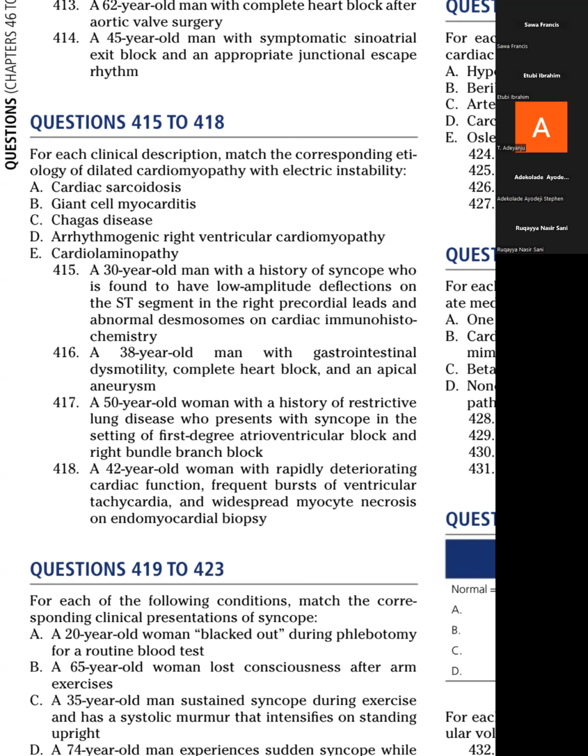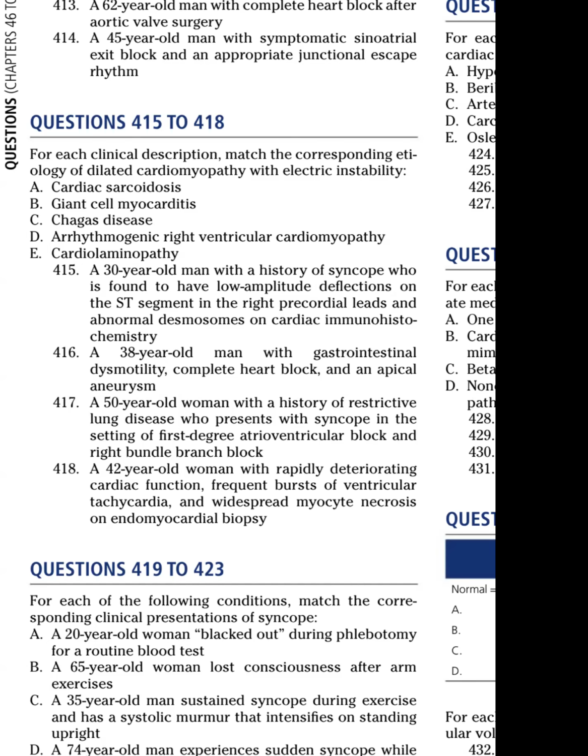415 reads: a 30-year-old man with a history of syncope who is found to have low amplitude deflections on the ST segment in the right precordial leads and abnormal desmosomes on cardiac immunohistochemistry. 416 is a 38-year-old man with GI dysmotility, complete heart block, and an apical aneurysm.